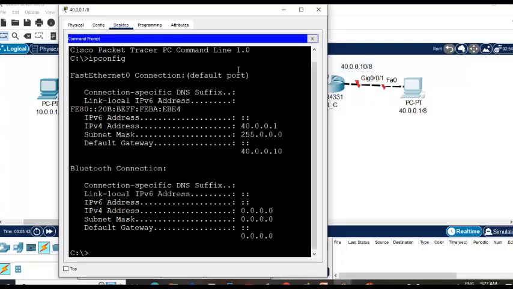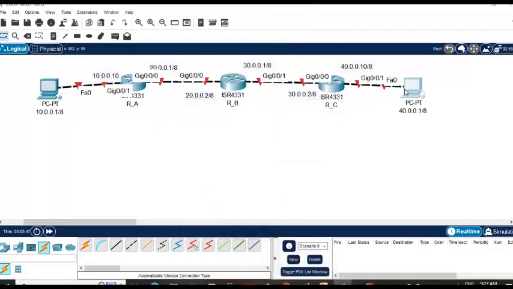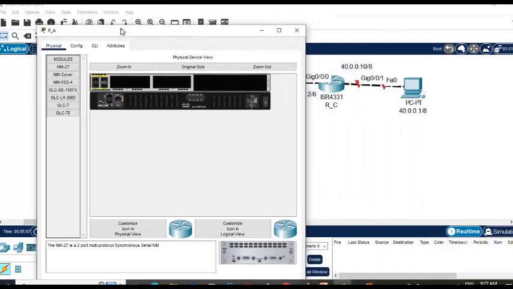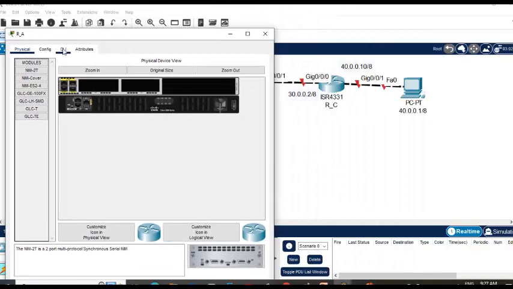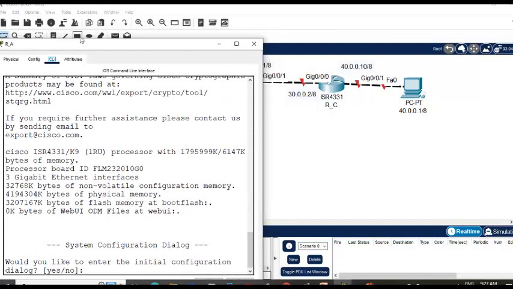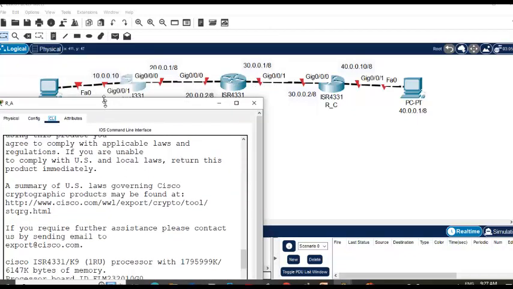Starting the router configuration. Click on CLI. Yeah, let me arrange it. I'm arranging it like this so that you can see the router and configure.